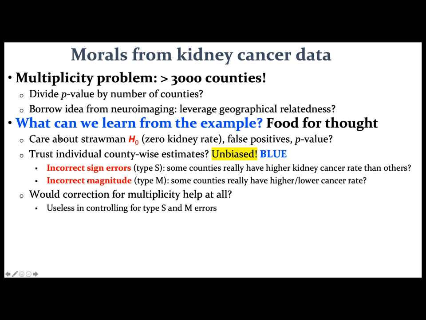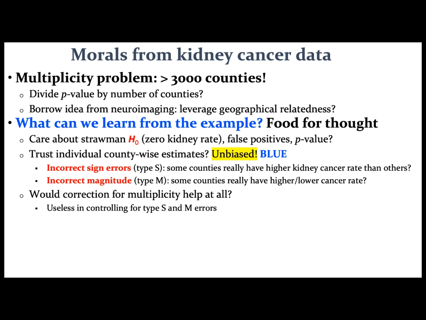We care more about two different types of errors. One is called type S: you make a mistake about the sign. For example, on the previous slide, I showed on the left-hand side the county with the highest death rate, and on the right-hand side the lowest. Does that tell us we should move from county A with the highest rate to another county on the right-hand side?